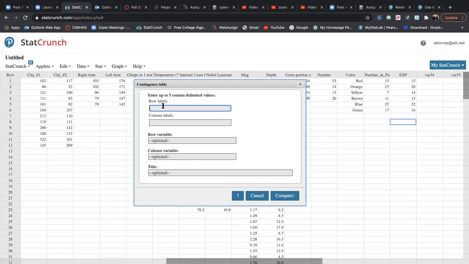Okay, so I'm going to type in the two row labels as the poly indication. So in this first row, the poly indicated a lie, and then in the second row, the poly indicates did not lie.